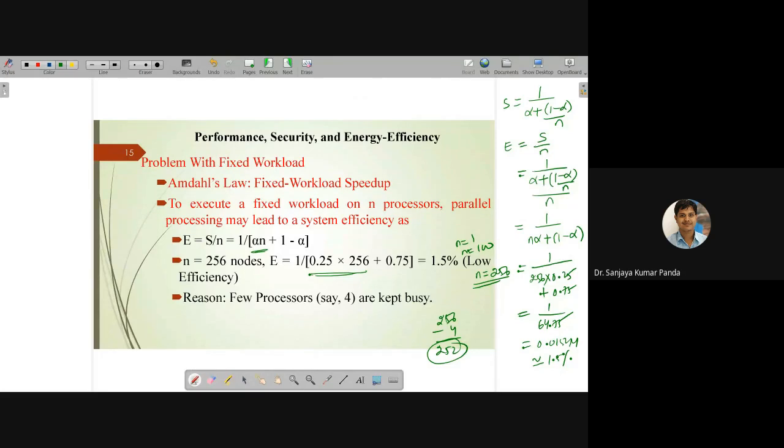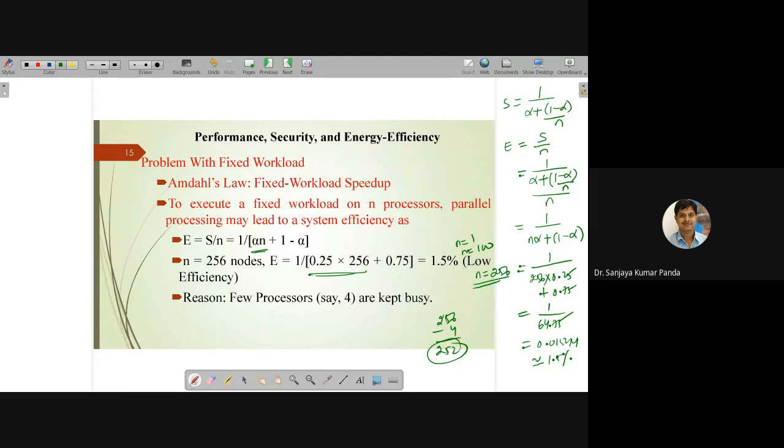As so many processors are idle, we are getting an efficiency of only 1.5%. That's why you need to see how to increase the speedup, and based upon the speedup you have to choose the number of processors. Otherwise it is of no use.